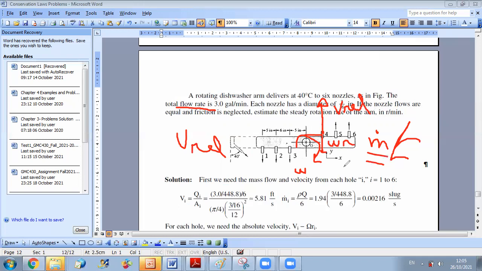Now when I apply the angular momentum principle, I take a control volume that is fixed, and my rotating bar is inside the control volume. Since my control volume is fixed, I will use absolute velocities for V.